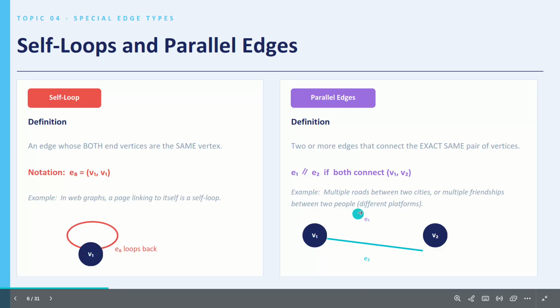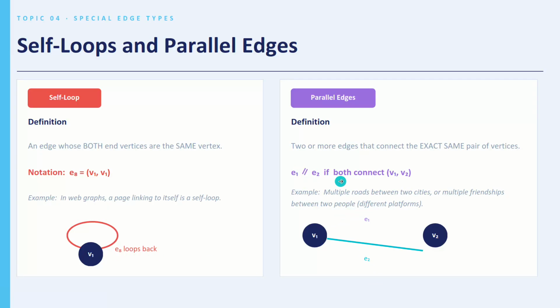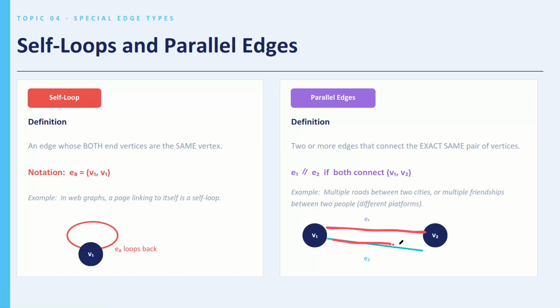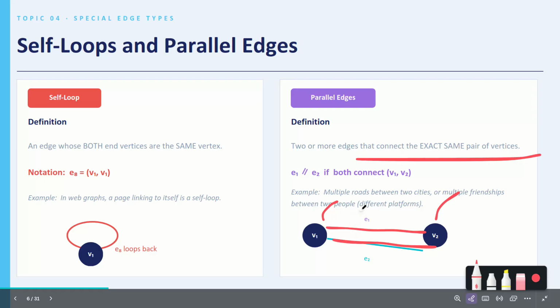If you have two vertices, V1 and V2, and there is an edge E1 and an edge E2, so there are two edges between V1 and V2. If there are two or more edges connecting the exact same pair of vertices, V1 and V2, let's say, they are called parallel edges, and this is a self loop.